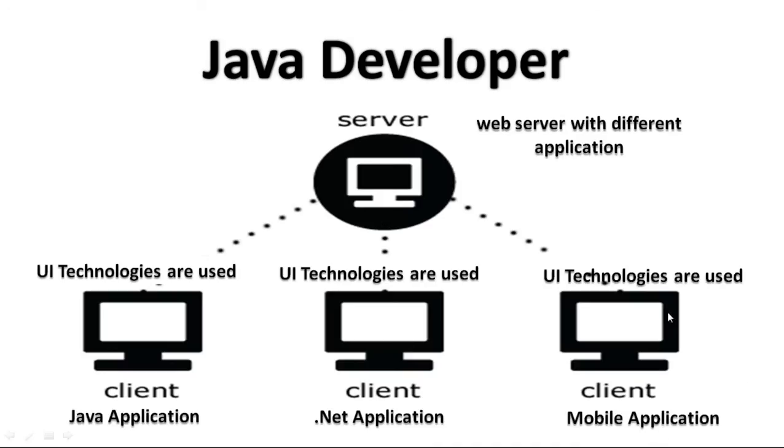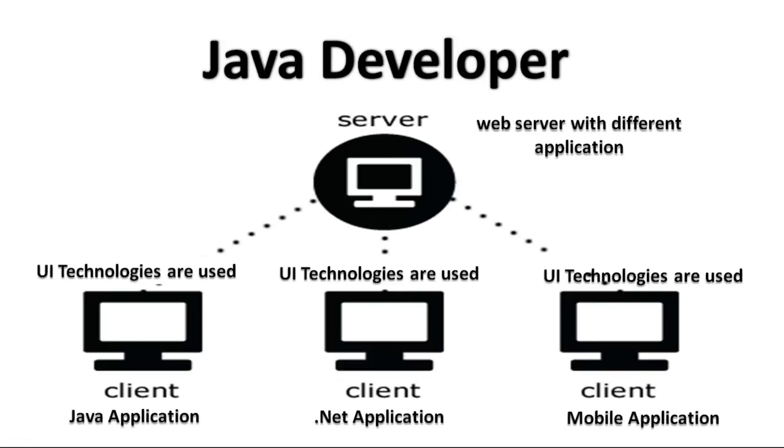So there are different applications, and different clients are accessing different applications from the server. One is accessing a Java application, the other a .NET application, and the third a mobile application. But in all these applications which are accessed from the server, we need UI technologies.